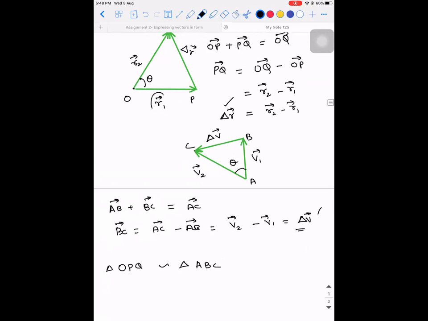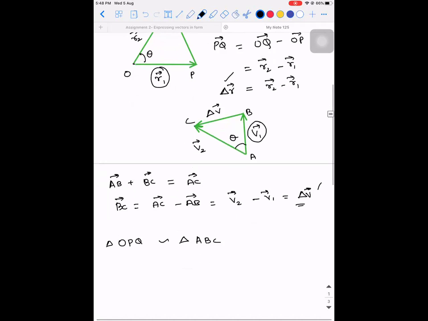Because OP is related to R1, AB is related to V1. So it will be like this: OP divided by AB is equal to OQ divided by AC, which is equal to PQ divided by BC.